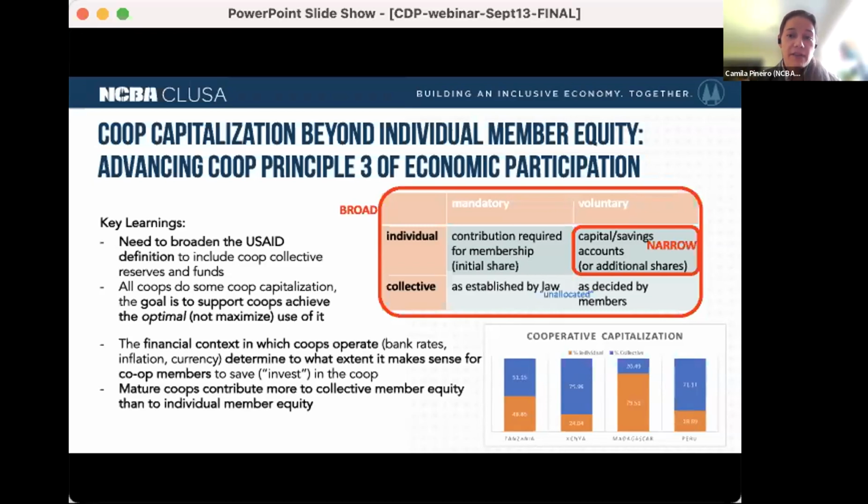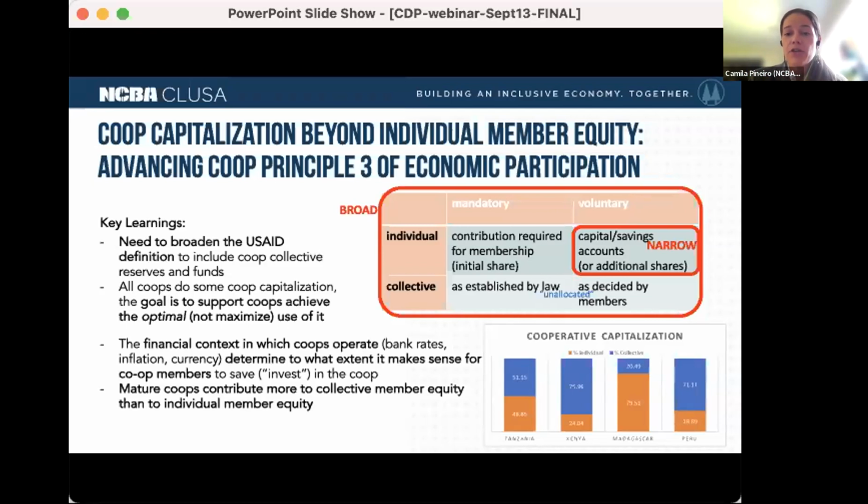So not just the individual capital accounts where they contribute, in addition to the mandatory membership share or initial share, we needed to include the other ways, as you can see there, that are both share or collective contributions, and mandatory and voluntary. Because it depends on the country, as you can see below in that table from 2022.